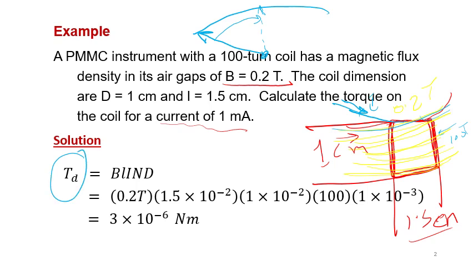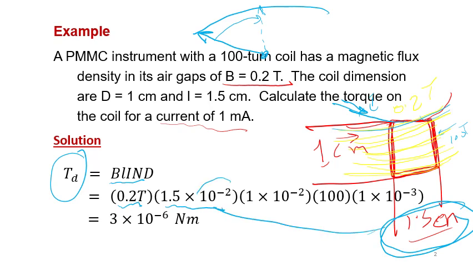So in terms of calculation it is something simple. It's equal to B into L into I into N into D, where it's equal to 0.2 Tesla into 1.5 into 10 to the power minus 2, because the L is supposed to be in meter. This one is given in centimeter, so we put it in meter by multiplying by 10 to the power minus 2.